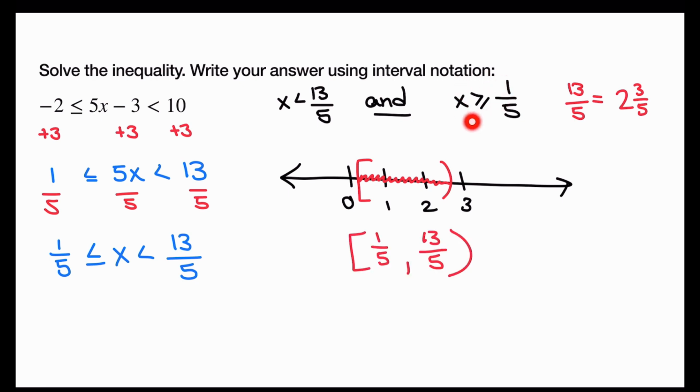Because I have the bigger than or equal to symbol with the 1/5, I use the square bracket. I have the less than symbol, there's no equal sign there, with the 13/5, so I use the parentheses there. So this is telling me that 1/5 is part of my answer, 13/5 isn't, and everything between those numbers is also part of my answer.